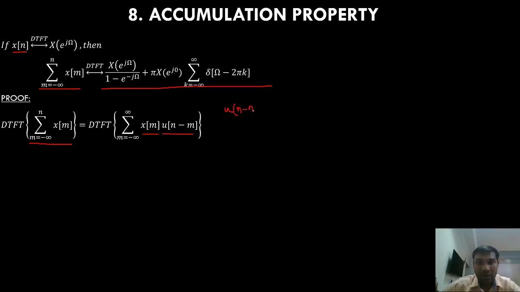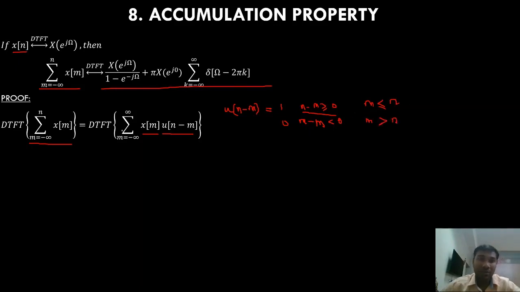It is the discrete time unit step function, which is 1 for n minus m greater than or equal to 0, and 0 for n minus m less than 0. If I simplify, m is less than or equal to n in the first case, and m is greater than n in the second.